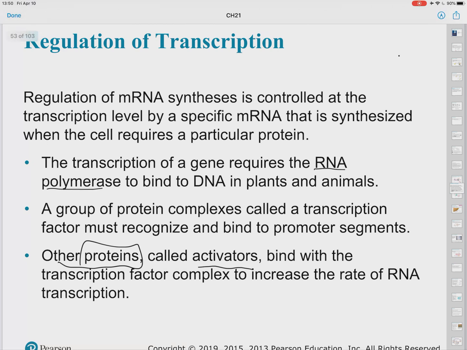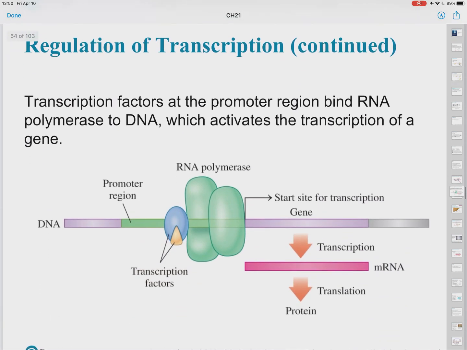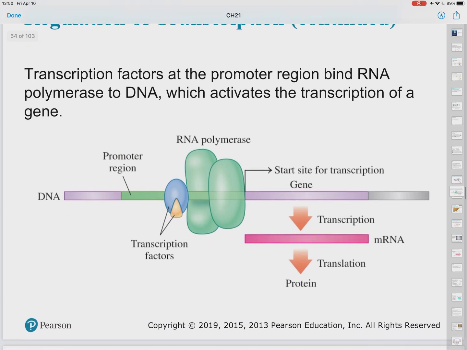Okay, so the transcription factors often interact with that RNA polymerase. And you can see that here. Promoter region, transcription factor. I like this little diagram they're showing us here too. If this transcription factor in blue is required for polymerase to come and land here and start making this gene, you can imagine each gene would have its own transcription factor that would get polymerase right in front of that particular gene.